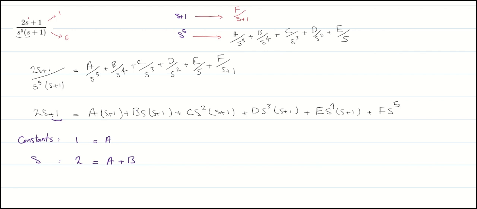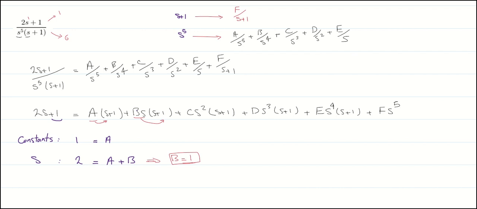So if you just multiply a by s in here, it would be the first coefficient. And now if you just multiply bs by 1 in here, it would be the second coefficient of s in here. So we can say that since our a value is equal to 1, our b value would be equal to 1 as well.